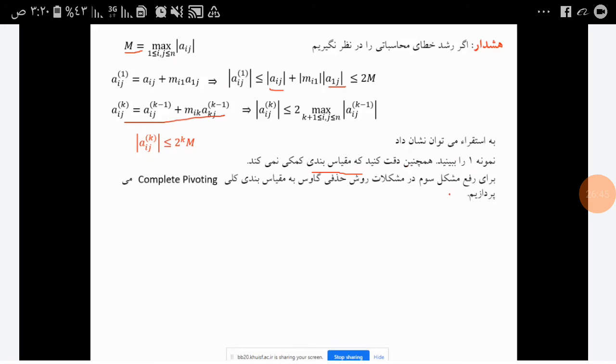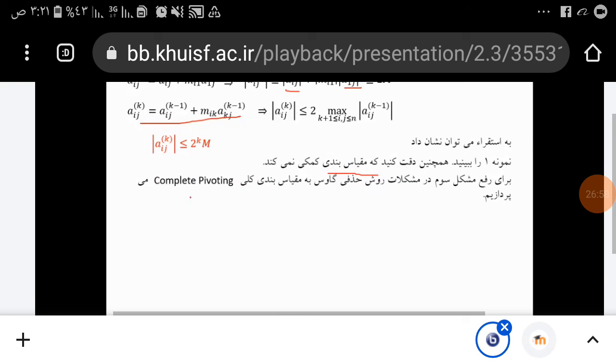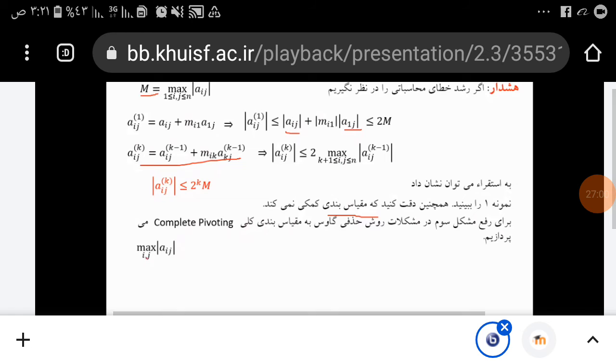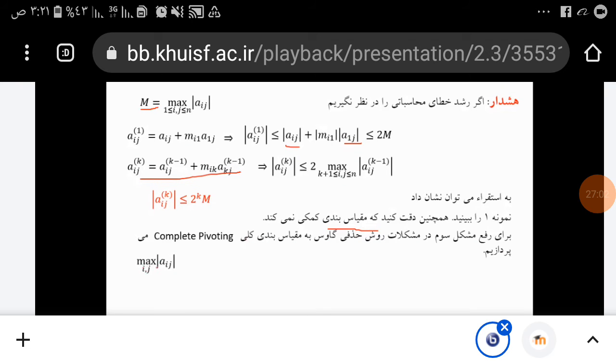So to solve the second problem, overflow, we can use complete pivoting. That is, you have to calculate the maximum absolute value of aij for all i and j.